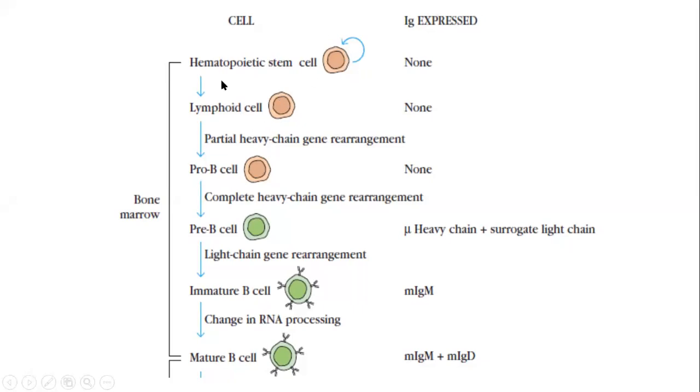In these stages, the V, D, J combinations we spoke about start recombining randomly. They don't need any signal for that. At a certain stage transcription switches on, the heavy chain transcript forms, a polypeptide forms, and then polypeptides combine to form specific antibodies.